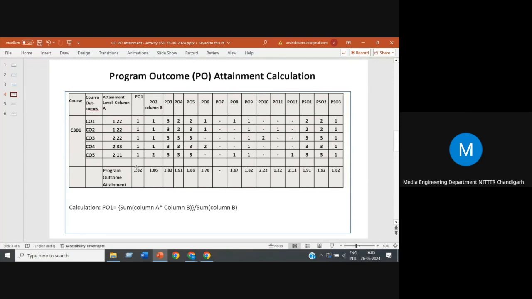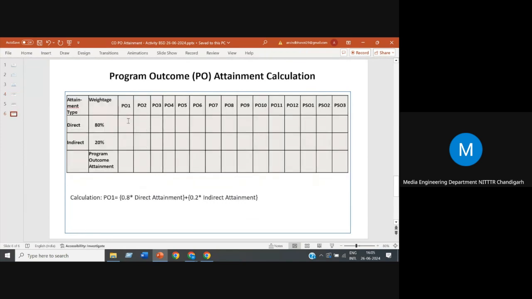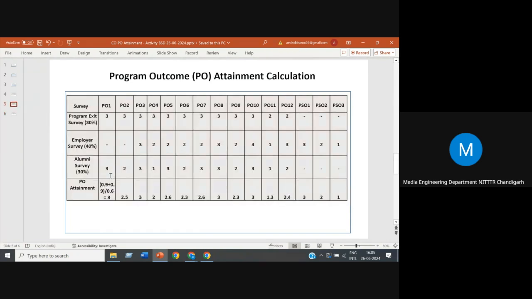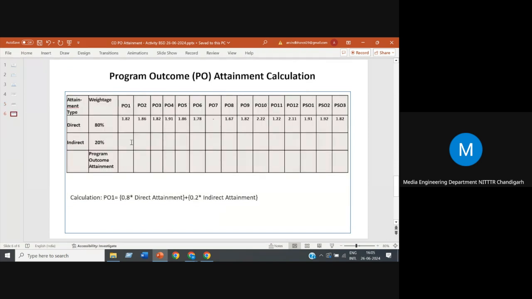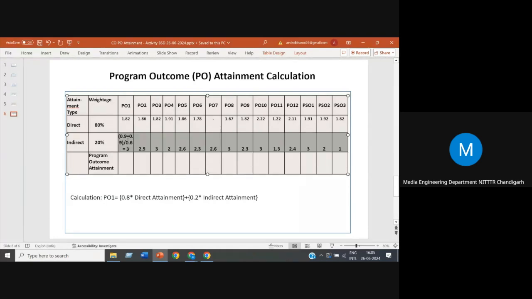These are the direct attainment values, right? I am copying and pasting here. Similarly, indirect calculations we have done here, I'm taking from this point and pasting here, right?